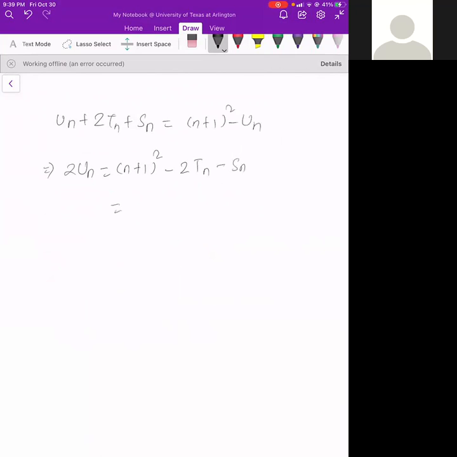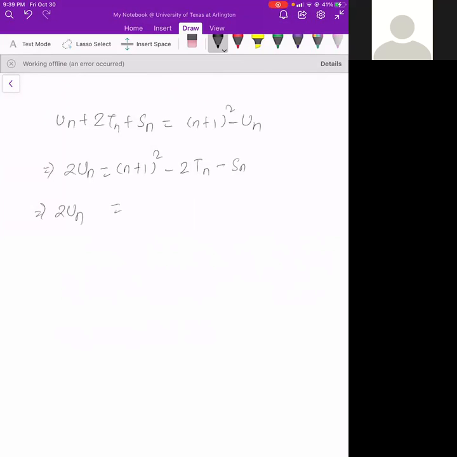After plugging in all the values and simplifying, it will give me 1/2 n plus 1 squared. Sorry, not that. Let me write this down. I'm going to at least write down what those are.